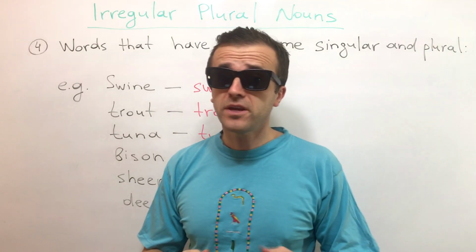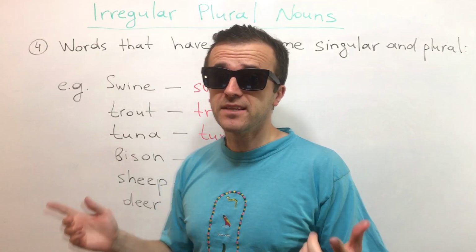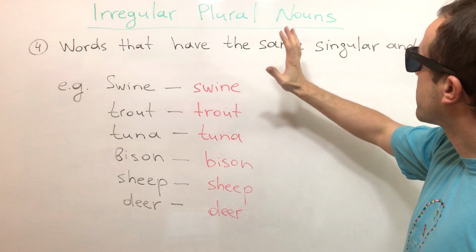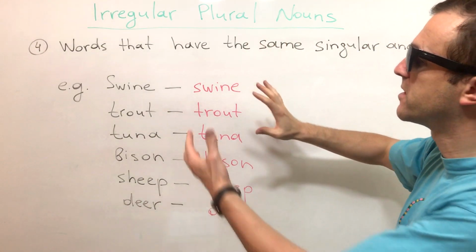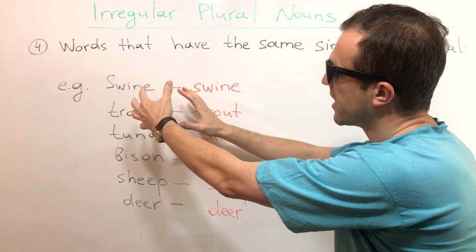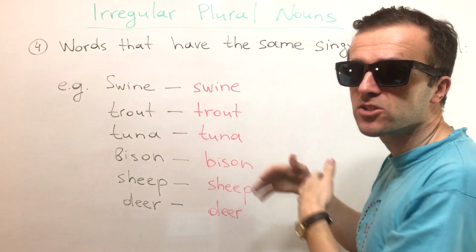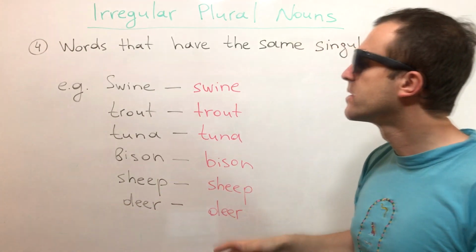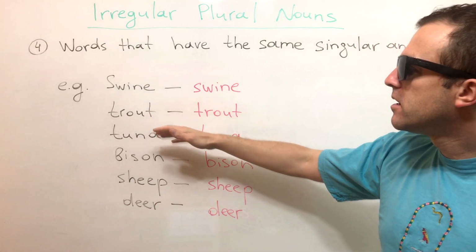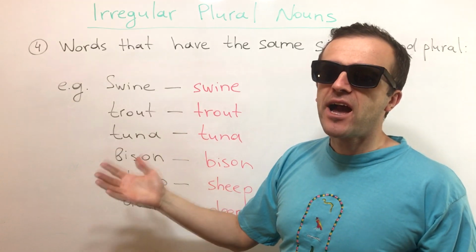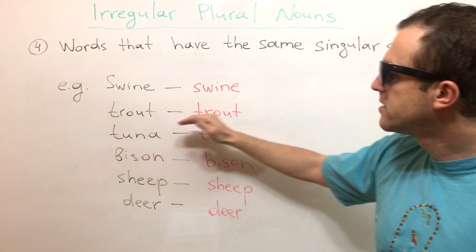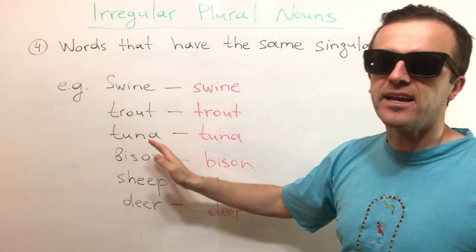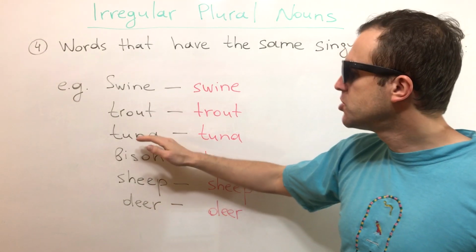The fourth rule is the easiest because in singular and plural the words are the same. I mean, swine, swine. Swine is a pig, yes? Trout is a kind of fish. Trout, trout. Tuna is again a sort of fish.